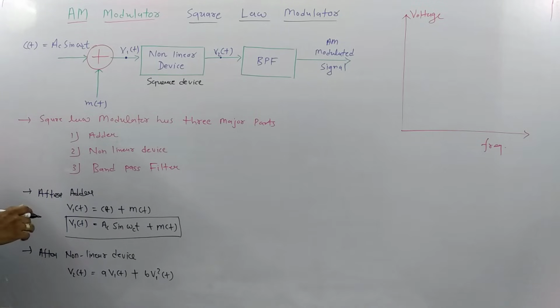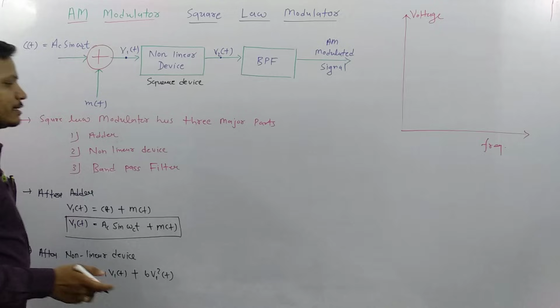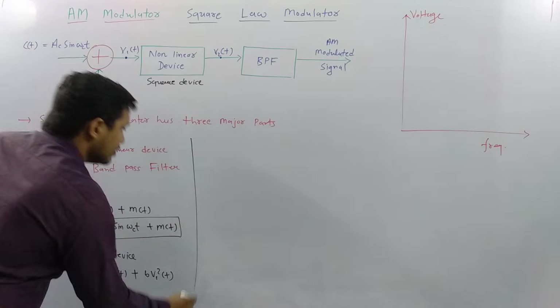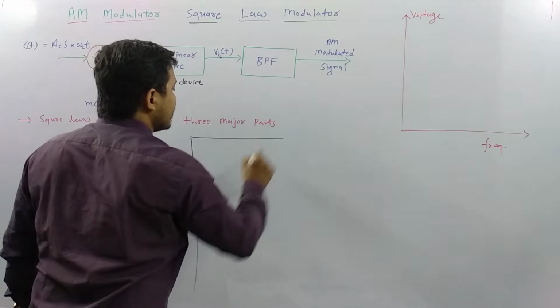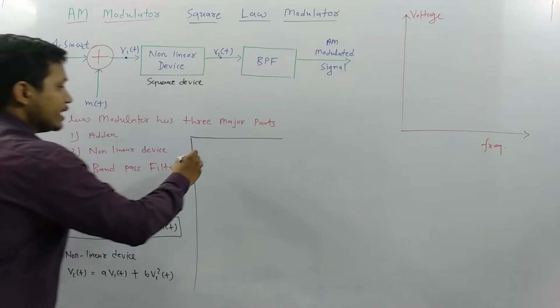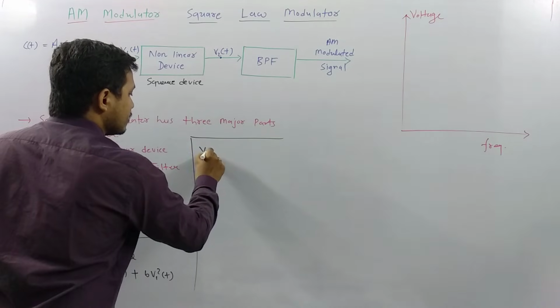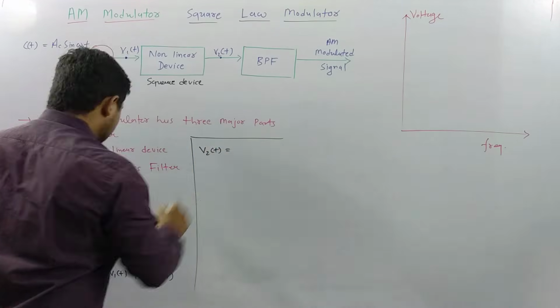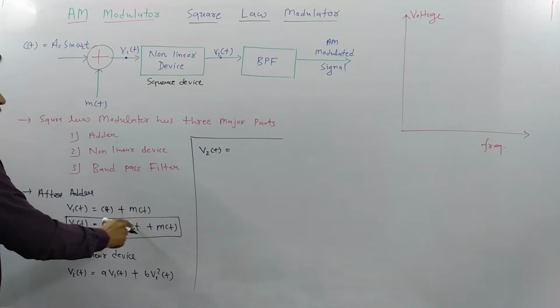Now let us elaborate this output, so it gives a little more idea. This V2(t), where V1(t) is Ac sin omega c t plus m(t).